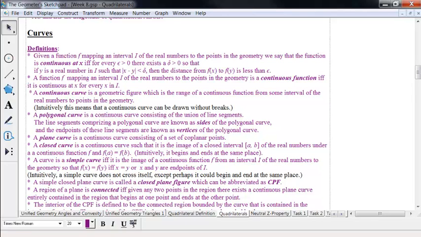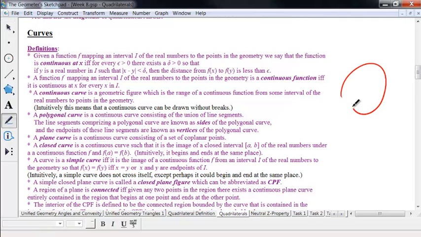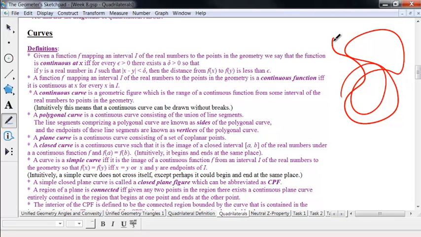So a continuous curve is a geometric figure which is the range of a continuous function from some interval of the real numbers to points in the geometry. So intuitively what this means is we can take a continuous curve and we can draw it without picking up our pencil. No breaks in it.